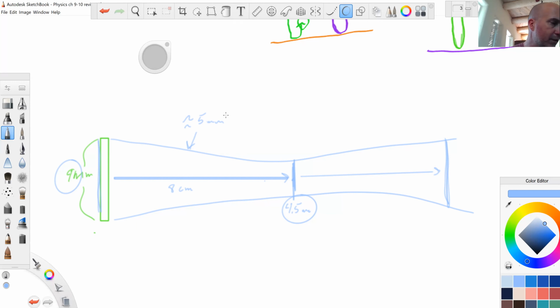Okay, it has to be now between 9 and 4.5, but a lot closer to 4.5, right? So we use 5 again.